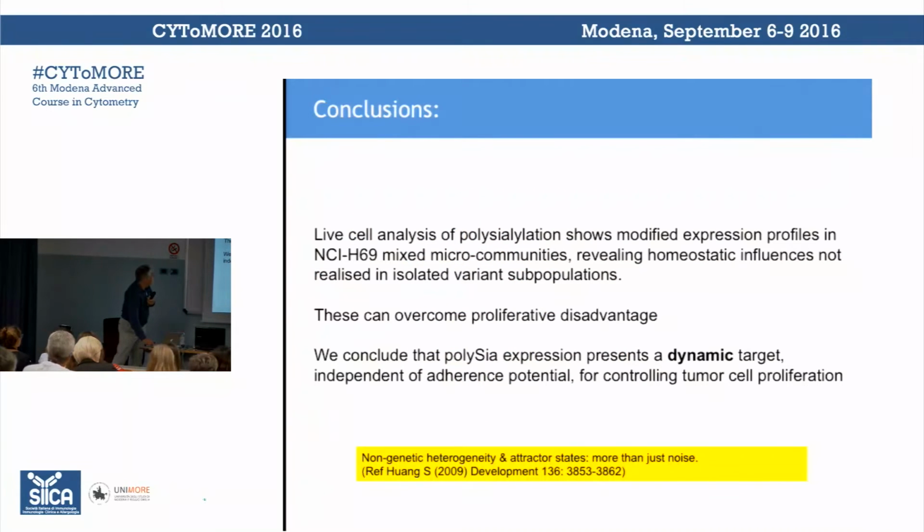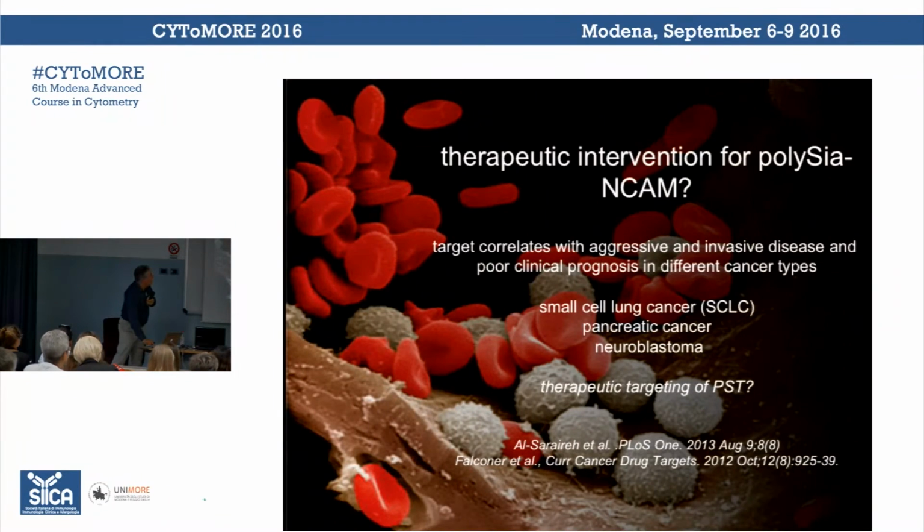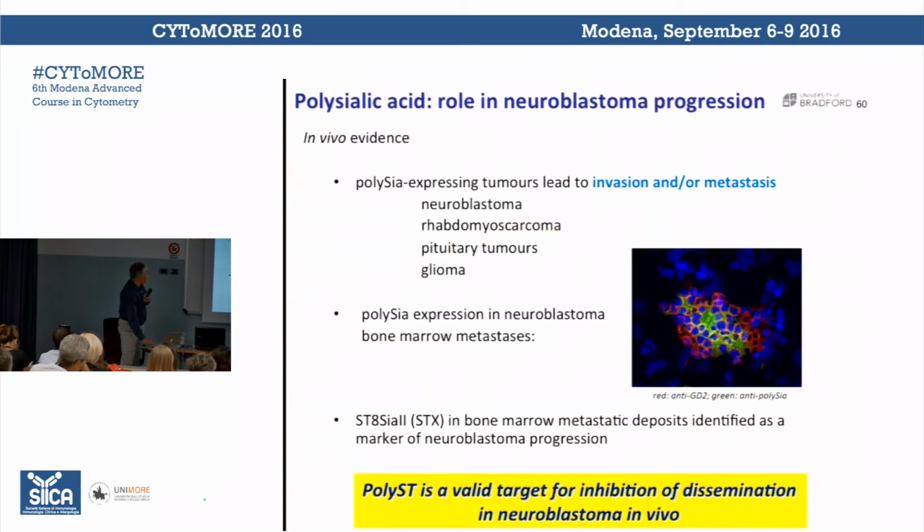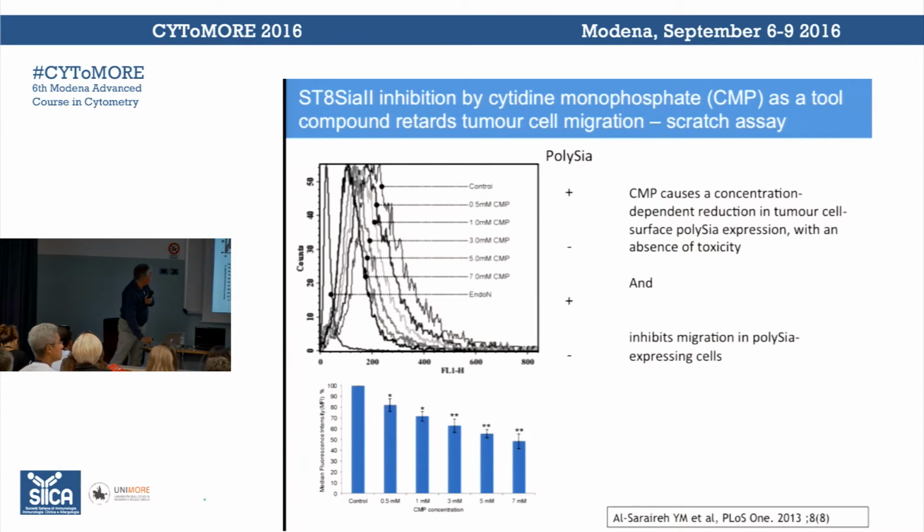Okay, that's the conclusion. Let's bring this down to a drug discovery point of view where, for example, it's understood that a whole series of tumors overexpress this target, and therefore there's a significant therapeutic opportunity, in particular in neuroblastoma, because this appears to be closely related with the ability to generate bone metastases.